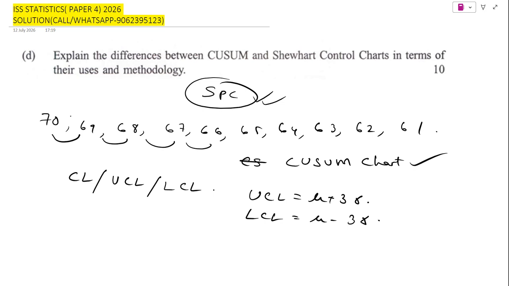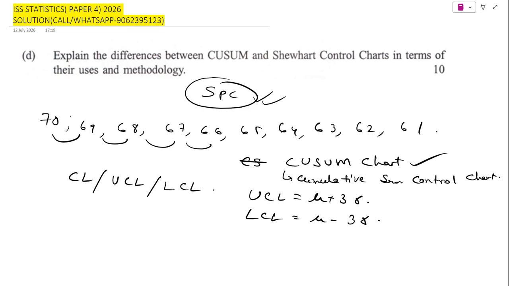Now, let us study the CUSUM chart. CUSUM stands for the cumulative sum control chart. Okay, and instead of looking only at today's observation, CUSUM keeps adding the deviations from the target value.